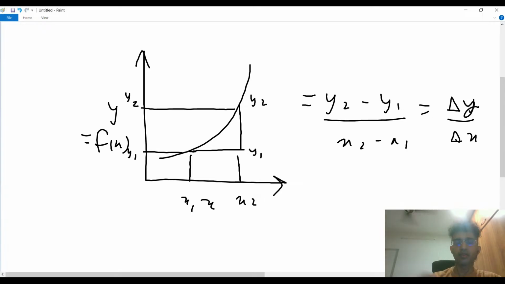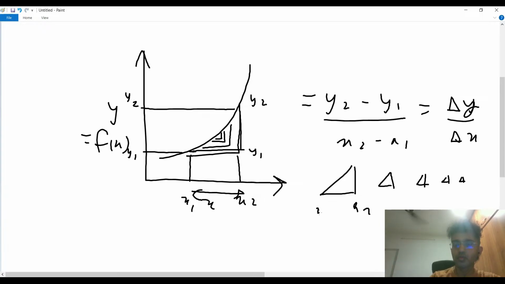Then this derivative is basically such that this interval x2 minus x1 goes on decreasing. Like this is one triangle, but then it becomes smaller and smaller and smaller, until x2 minus x1 tends to 0. So it becomes a small point over here.